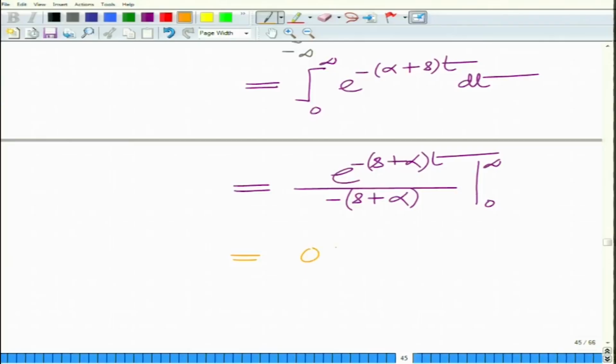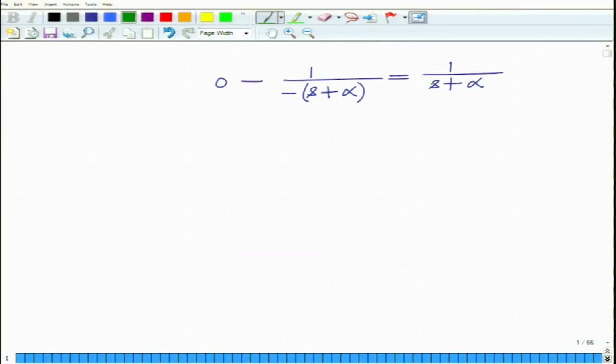So, e raised to minus (s plus alpha) t as t tends to infinity decays to 0 only if the real part of s plus alpha is greater than 0. So, this is equal to 0 minus, of course, minus 1 over s plus alpha, that is 1 over s plus alpha.